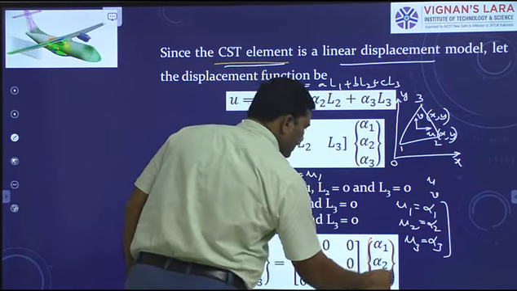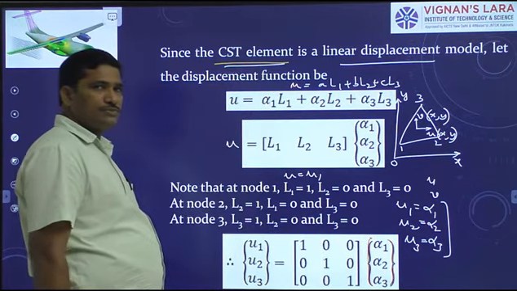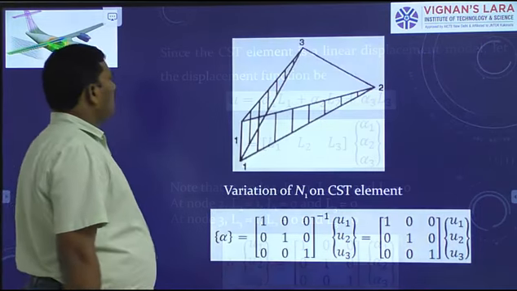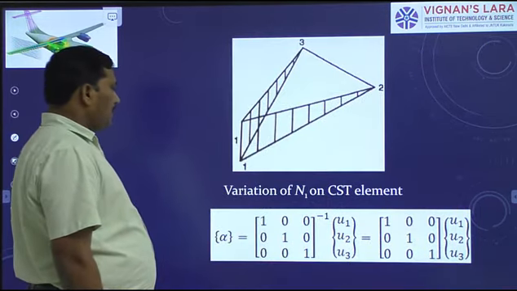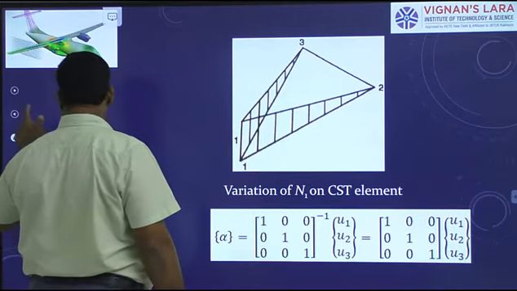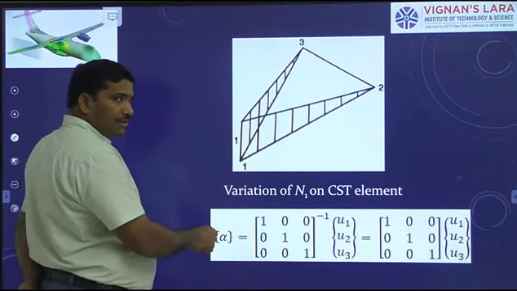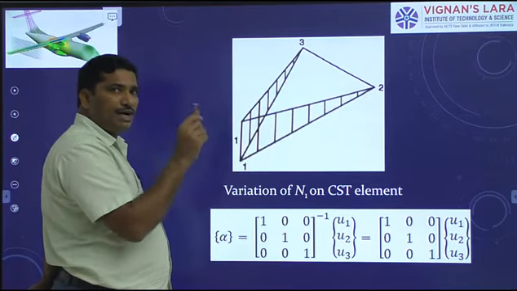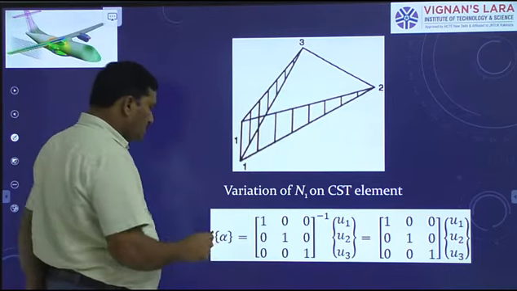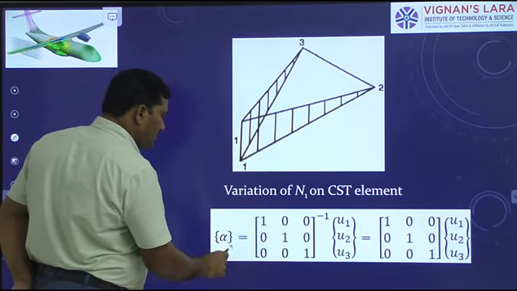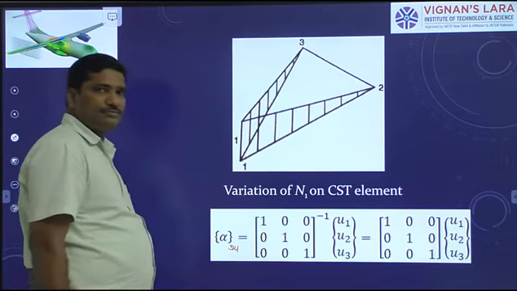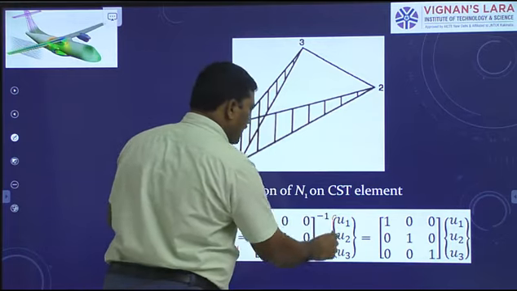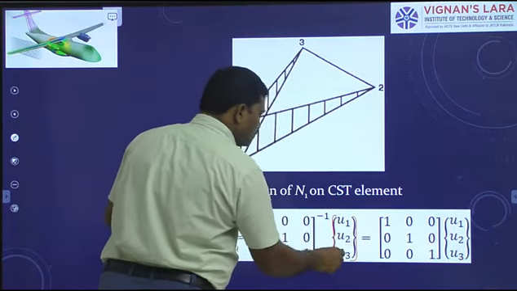This matrix you can take. How? That we see now. A column matrix having the elements alpha 1, alpha 2 and alpha 3, which is denoted by alpha, is a matrix of size 3 by 1, which equals the inverse of this matrix times a column matrix having u1, u2, u3.